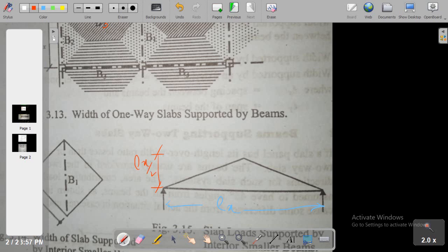So the area is half times Lx divided by 2 times Lx, right? So this is Lx square divided by 4. This is the area.